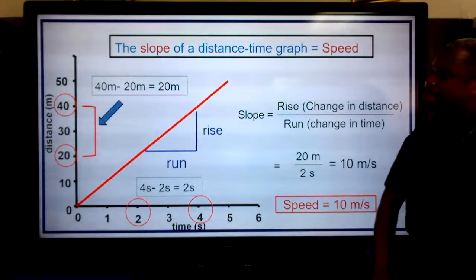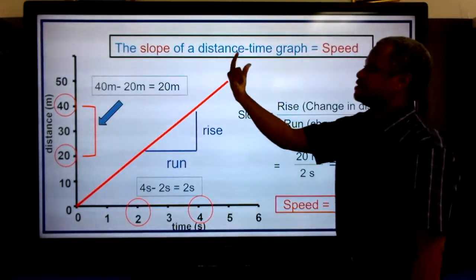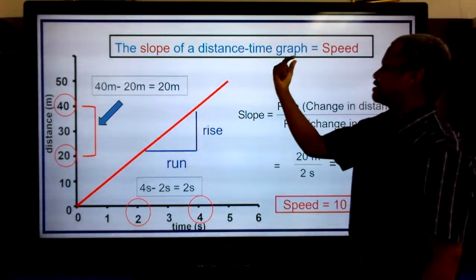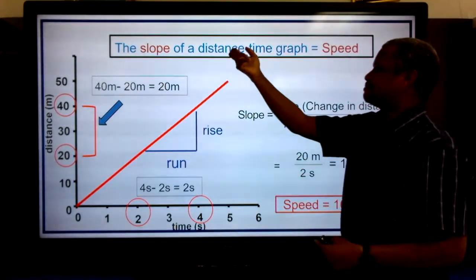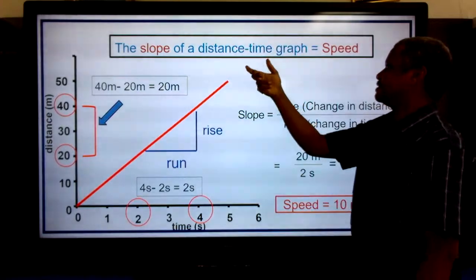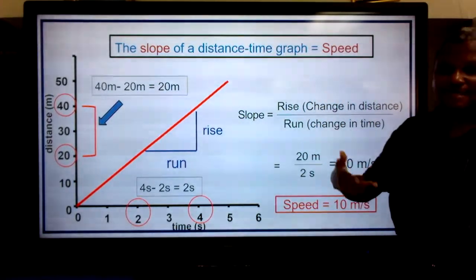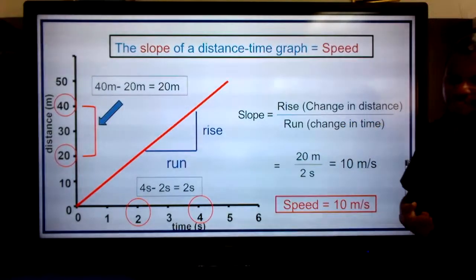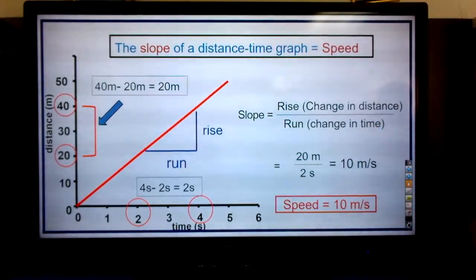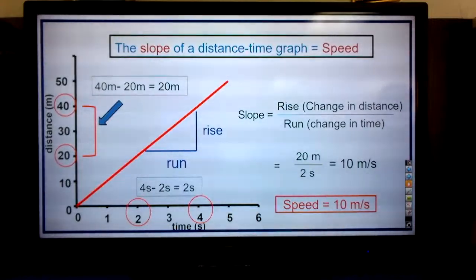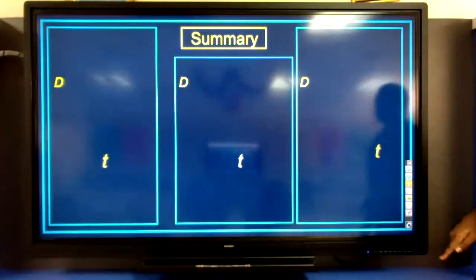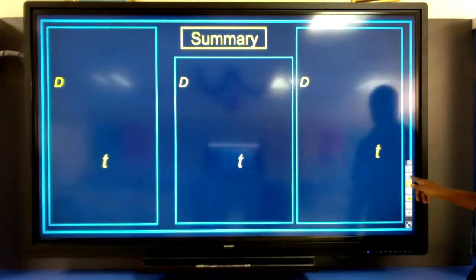Now, one more time. The slope of a distance time graph is similar to the slope of a displacement time graph, only that for a displacement time graph, we will not be looking at the speed, we'll be calculating the velocity. Okay, now how can we summarize all this information? In brief, one slide.